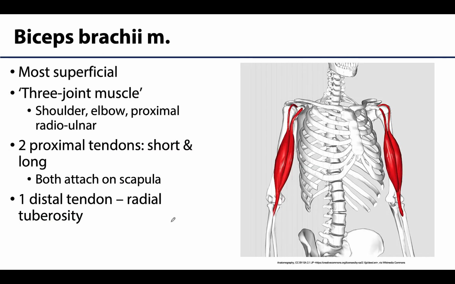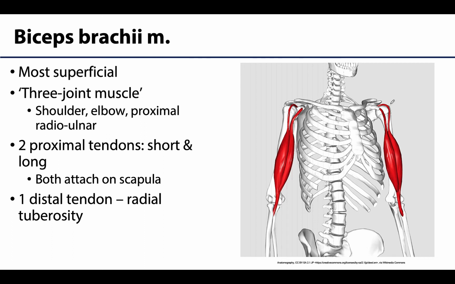So let's discuss some of the major details of each muscle, and we will spend the most time with the most superficial of the bunch, which is the biceps brachii muscle. This muscle is referred to as a three-joint muscle, which means that it crosses and is capable of affecting movement at three joints.